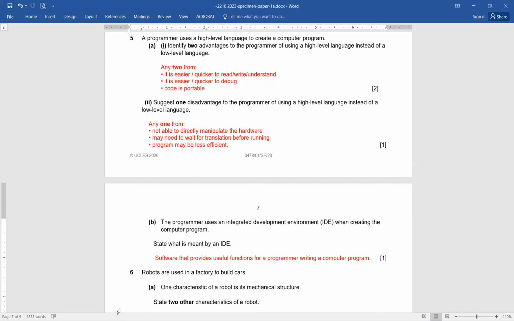If you remember, we have done Python programming. In Python, we are using its IDE, that is software that gives me the function of writing the program. I can debug in the same place. I can make amendments in the same place. That is the feature of the IDE.